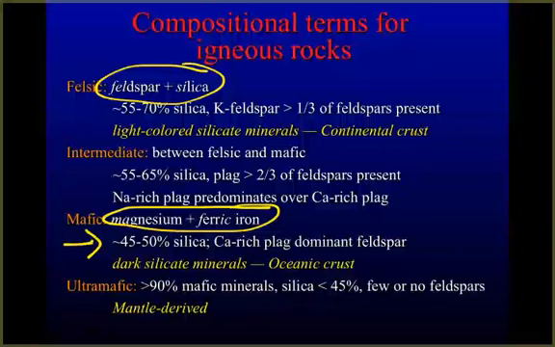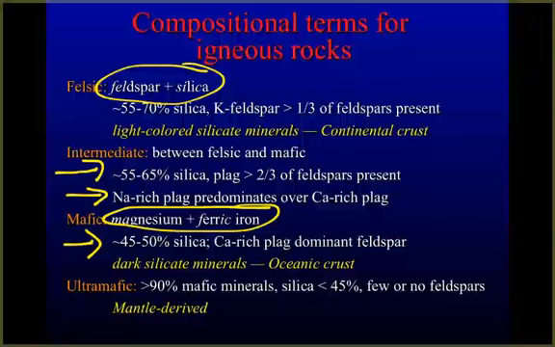And so that leaves us with the intermediate rocks somewhere in between, where we've got 55 to 65% silica. Plagioclase is more abundant than the K spars in intermediate rocks. But in the intermediate rocks, it's the sodium-rich plagioclase that dominates over the calcium-rich plagioclase.